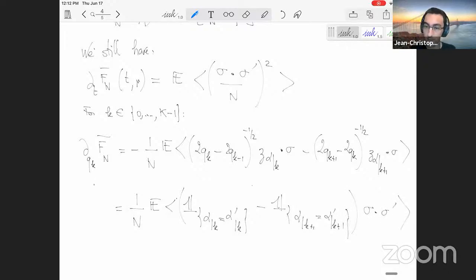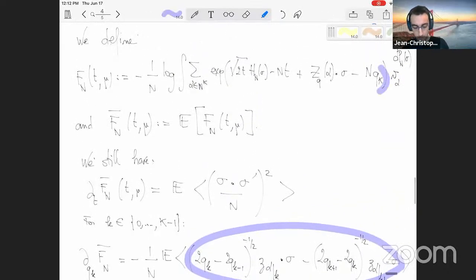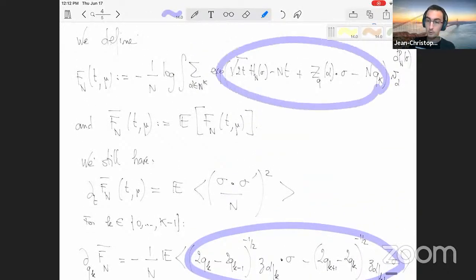Maybe I'm a little bit quick here, so I'm going to say it again. I'm thinking of this as a Gaussian random field indexed by alpha and sigma. And inside the energy function, this thing is also a Gaussian random field indexed by alpha and sigma. I'm computing the correlation between this guy at alpha sigma and this guy at beta tau.